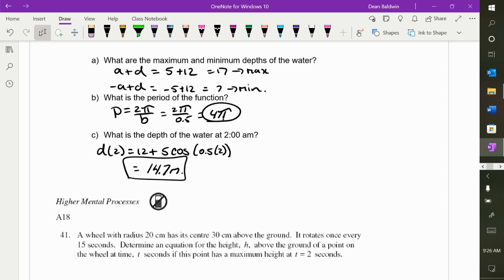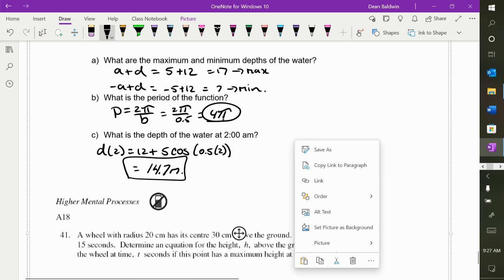So the reason we have to do this in rad is because our 0.5 is in rads, and rads don't have units, right? Degrees have units, and we're not measuring angles. Technically, I guess you could say we are, but we're modeling a tide going in and out. But if you really wanted to, 2 times a half is 1.